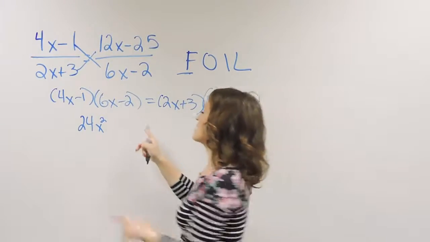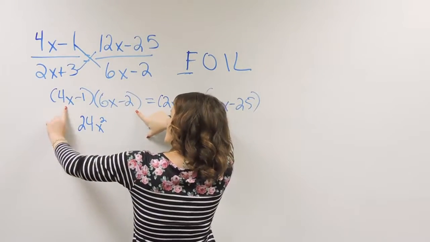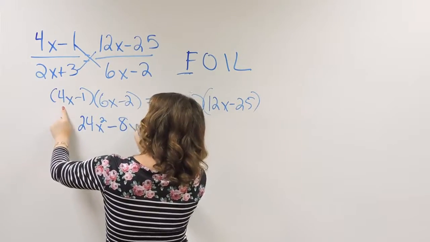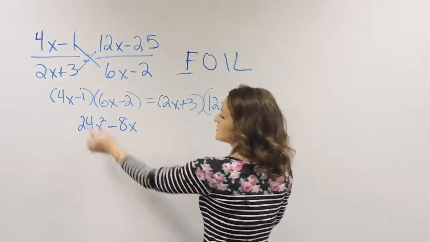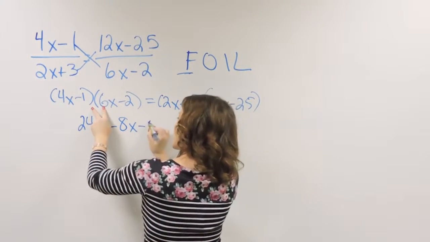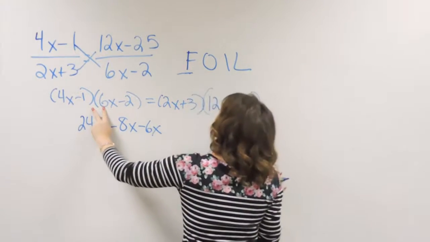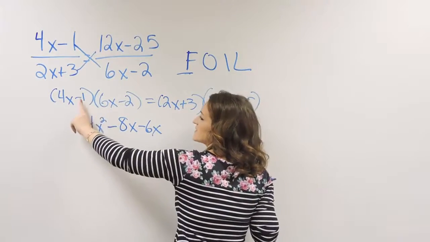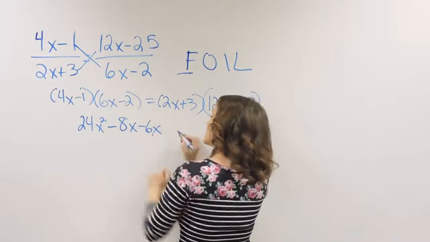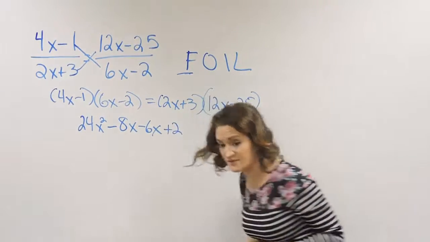O stands for outside, so 4x times negative 2 gives me a negative 8x. Moving on to the inside, negative 1 times 6x is a negative 6x. And then L stands for last, negative 1 times negative 2 is a positive 2.